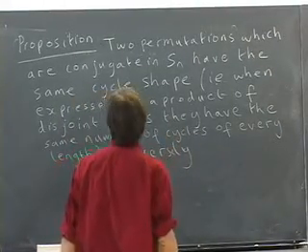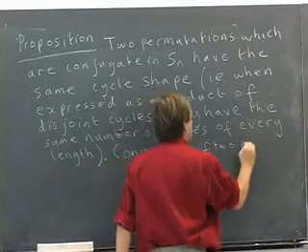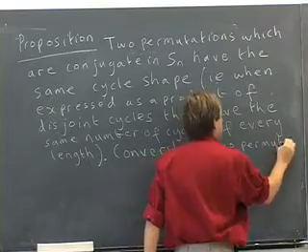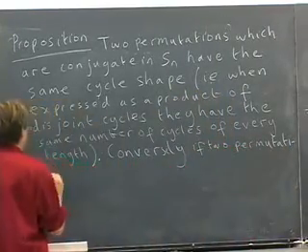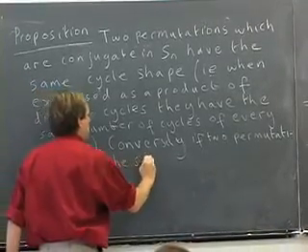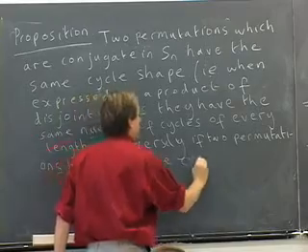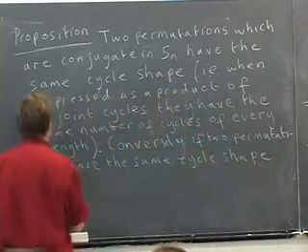two permutations, if two permutations have the same cycle shape, they are conjugate.